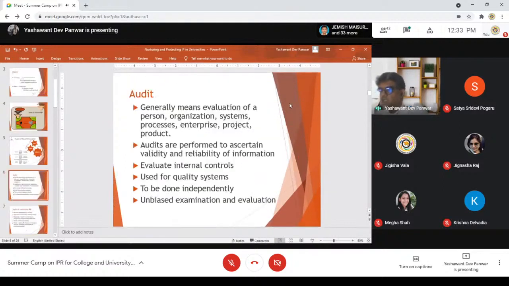Having understood these, when we talk about patents, there are some language issues, protection issues, and technological issues. I'll not go into these, but to nurture intellectual property rights in an academic institution, a regular audit must be conducted to really understand what the institution has in its campuses in the form of intellectual property rights, what all intellectual property rights they have to take a license for, what all intellectual assets they can sell, and what they can rent or give a license to other institutions.